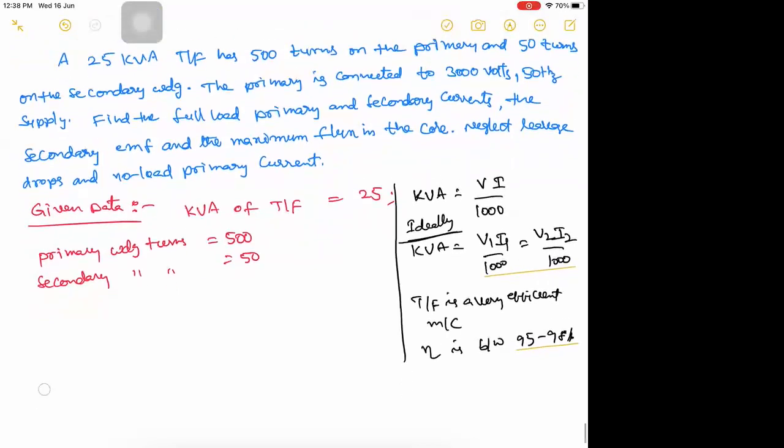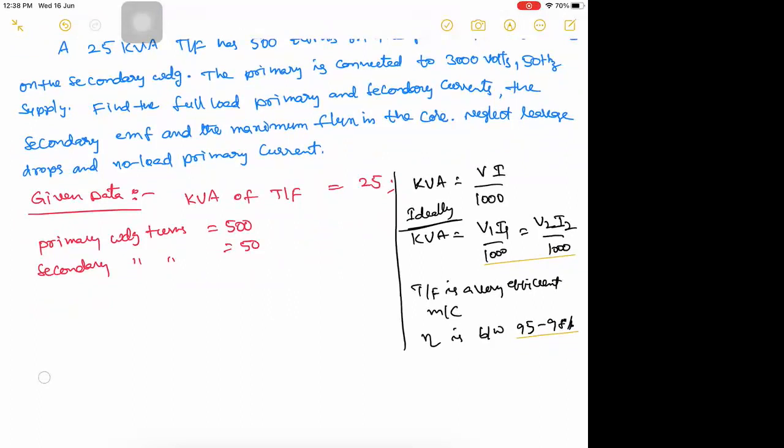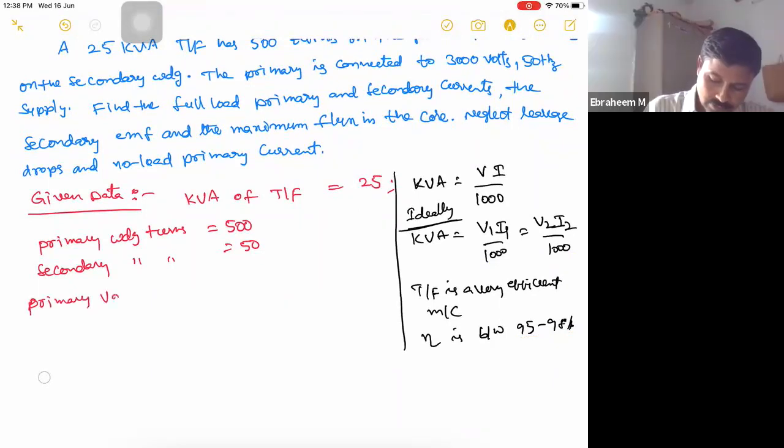Next, the primary is connected to 3000 volts, so V1, the applied voltage, is 3000 volts.